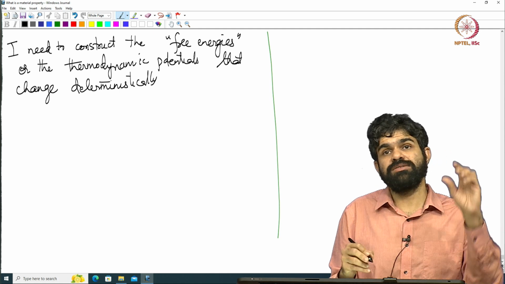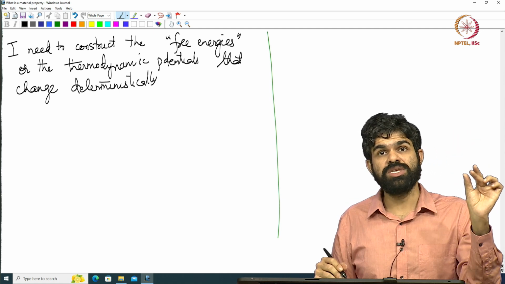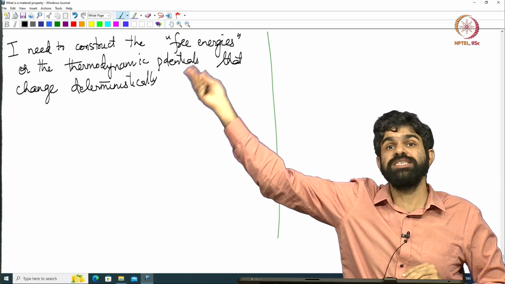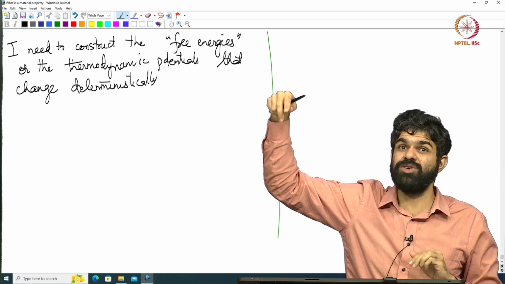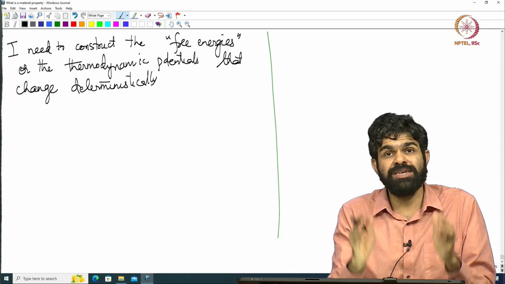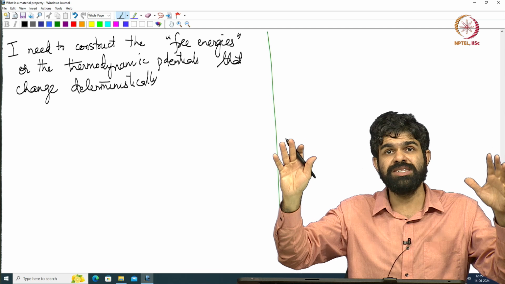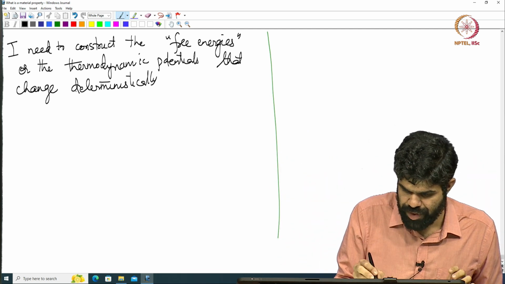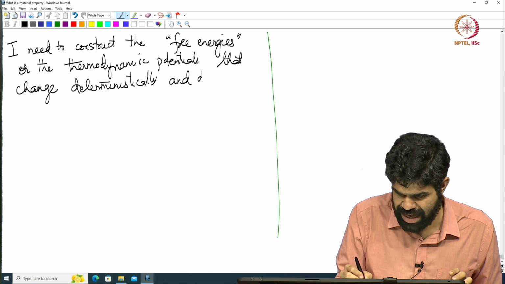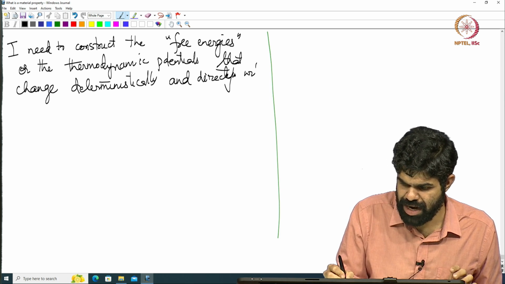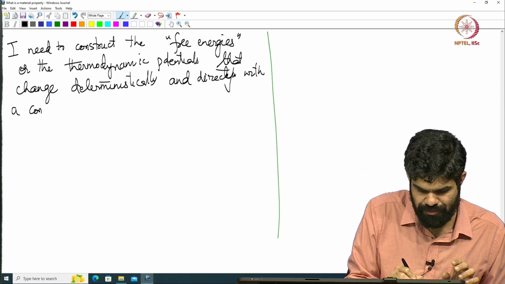It is not that I apply stress, which induces strain, and then strain, d epsilon, changes the thermodynamic potential. Rather than that, I want this change in my control variable to directly change the thermodynamic potential of choice, deterministically and directly, with a control variable of choice.